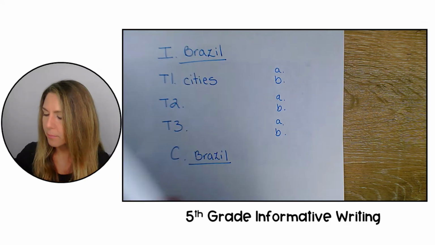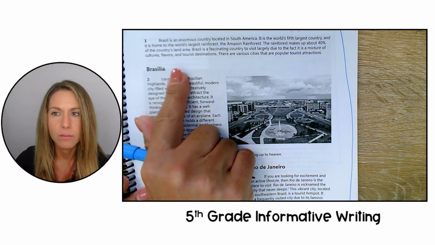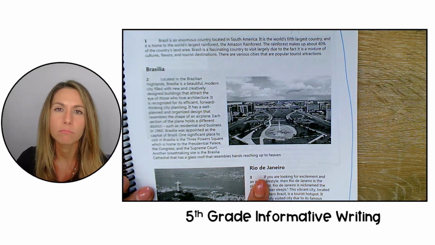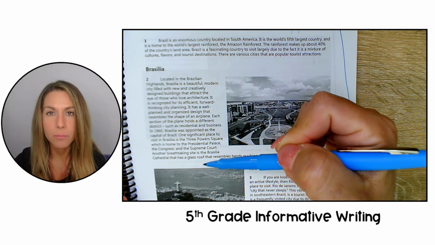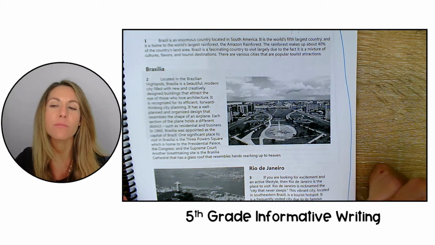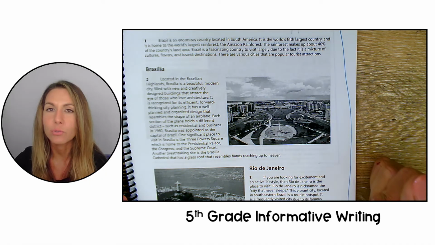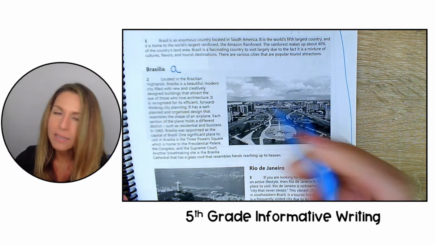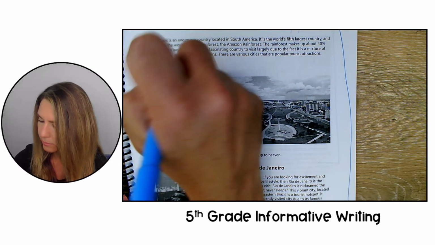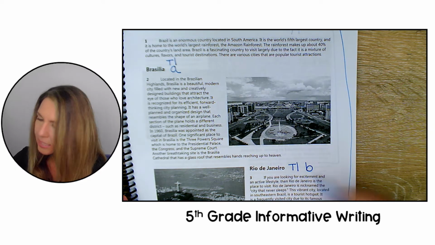Well, I think we remember from looking at our subheadings, there are examples, aren't there? There's three different examples. I only need two. So there's a lot of information about Brasilia, and there's a lot of information about Rio de Janeiro. So I'm going to make these my two subtopics, my A and my B. Brasilia can be my A, and Rio de Janeiro can be my B.